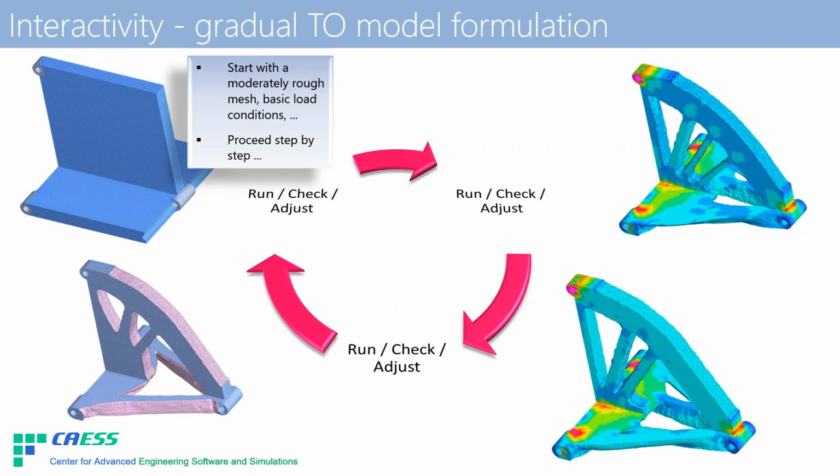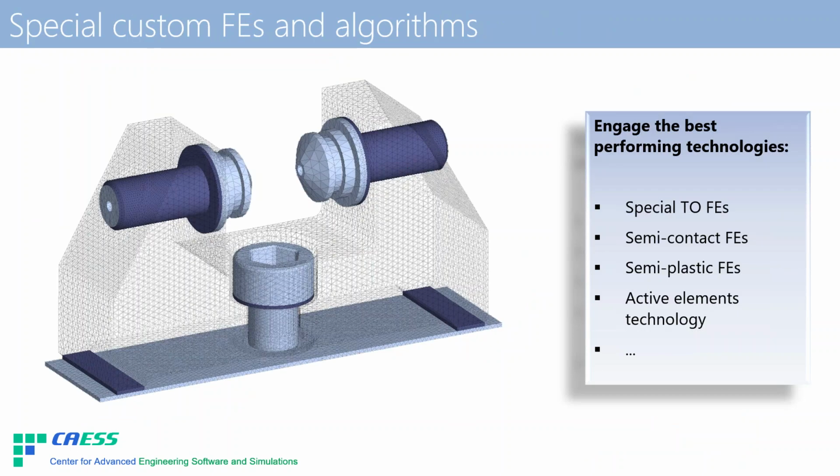Okay, so this was the first topic, and we are at the second one. The second one is actually related to efficiency. We have to remember that the examples I am showing here are really small. We have maybe 500,000 or a little bit more finite elements.